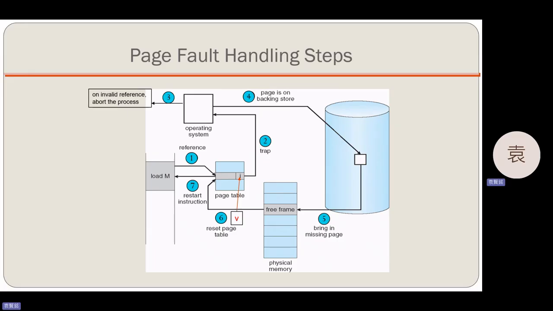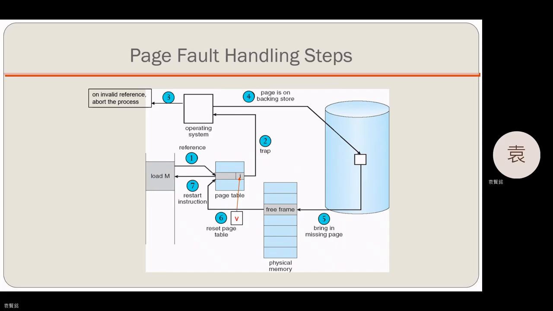The page fault handling goes something like this. We try to execute an instruction, for example, we try to load from memory location M. The first step, you reference the page table entry and find out the valid bit is invalid.